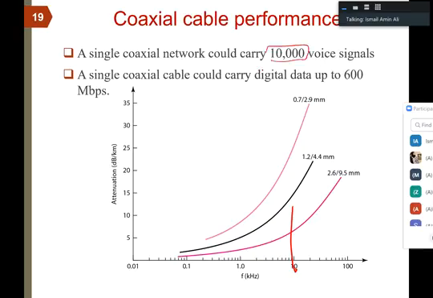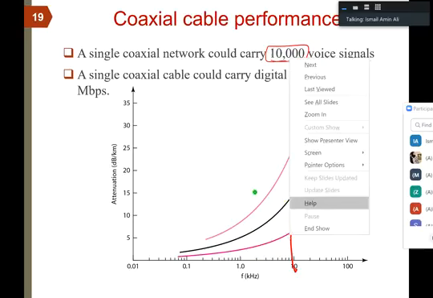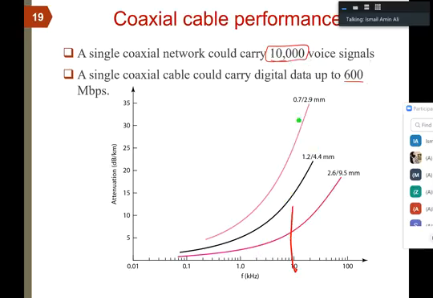They were used to carry voice signals and TV signals. There's still attenuation in coaxial cable. So, of course, if the cable is thinner, the attenuation is higher.